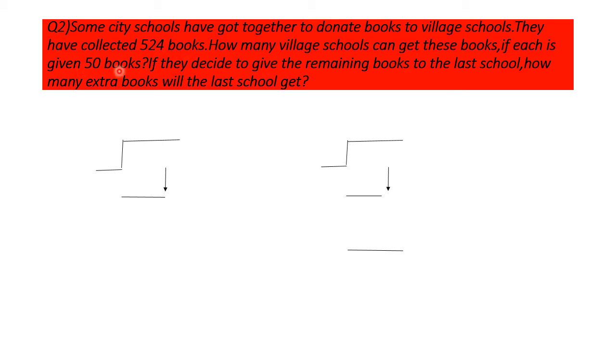And we also know that one school in the village gets 50 books. We need to find out how many schools are present in the village. So what we will do? We will divide 524 by 50 to find out first how many schools are there in the village.